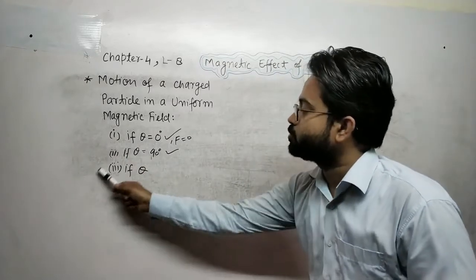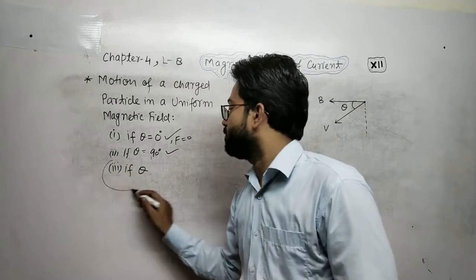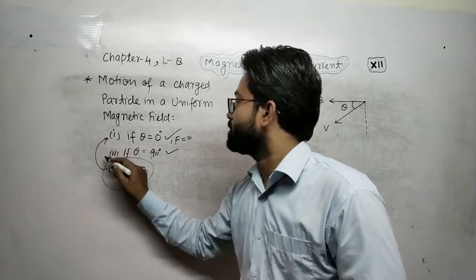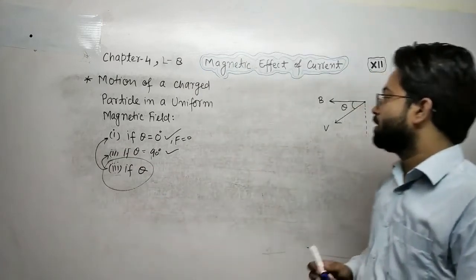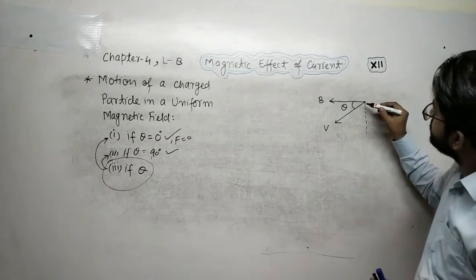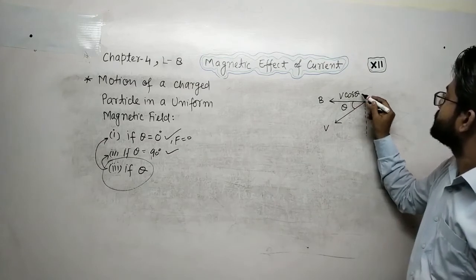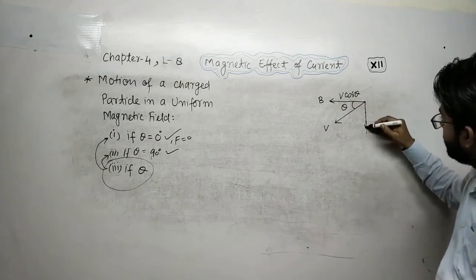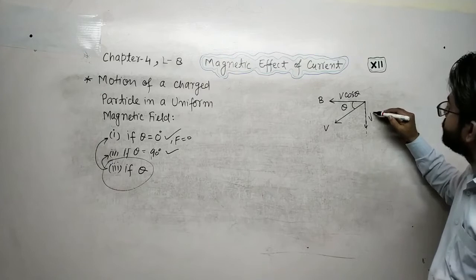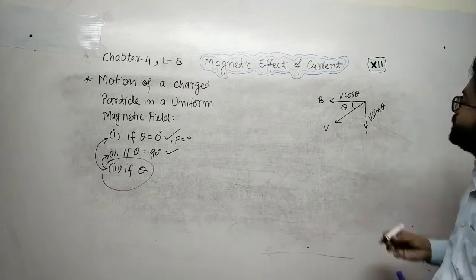This situation will be converted into the first and second parts. Let us suppose the velocity in the magnetic field direction is v cos theta, and in the perpendicular direction it is v sin theta.